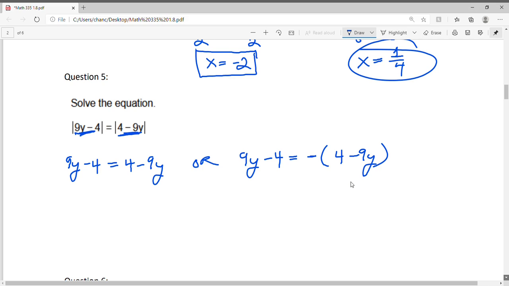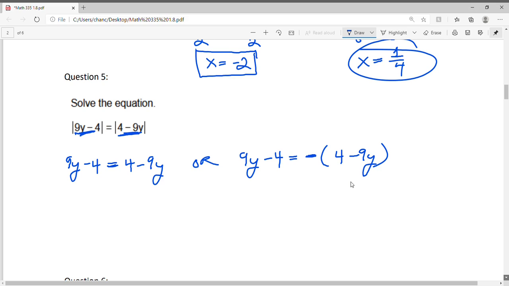So let's suppose they're both positive, well then I could just remove the absolute values. If one is positive and the other one's the negative version of that, then it would also be true because the absolute value makes our number positive, so it would be true.